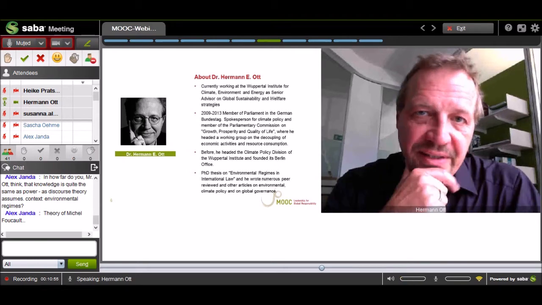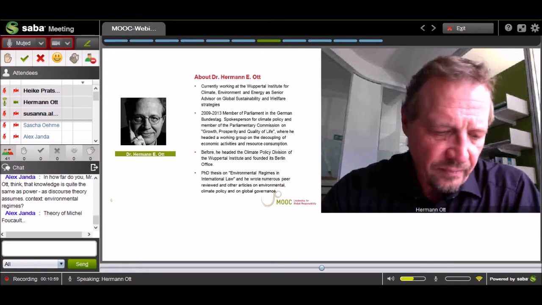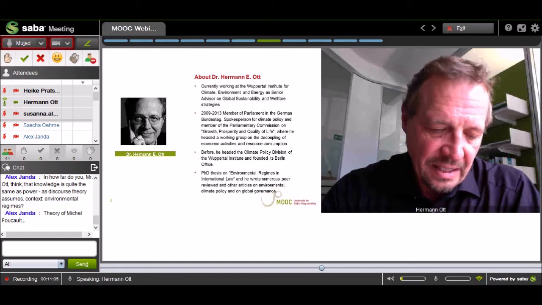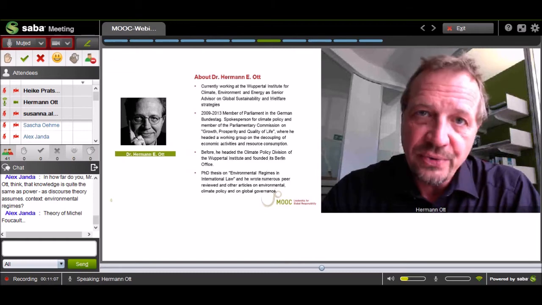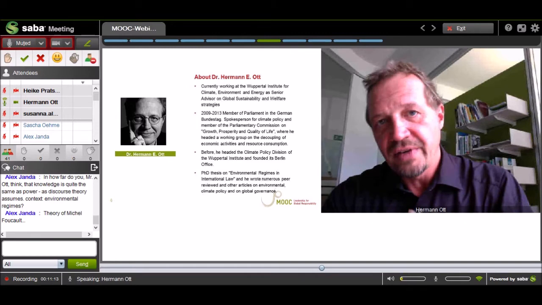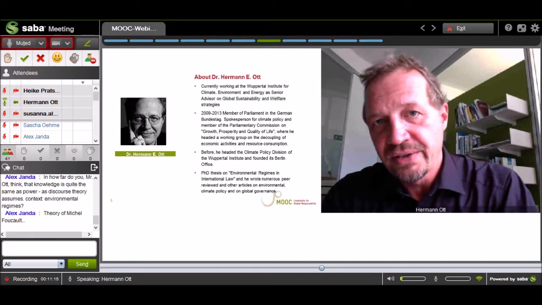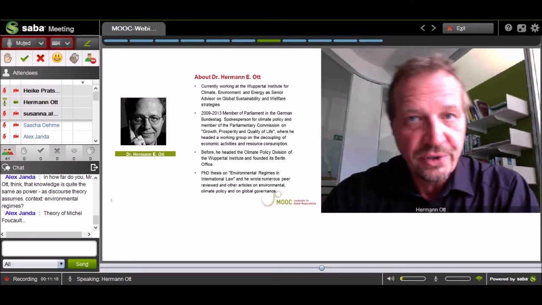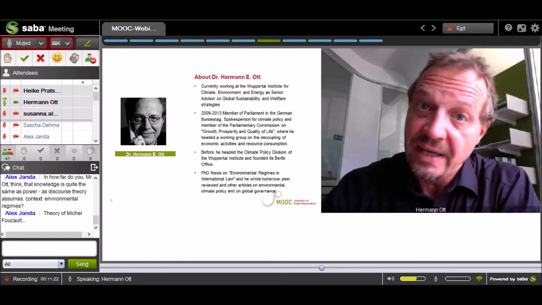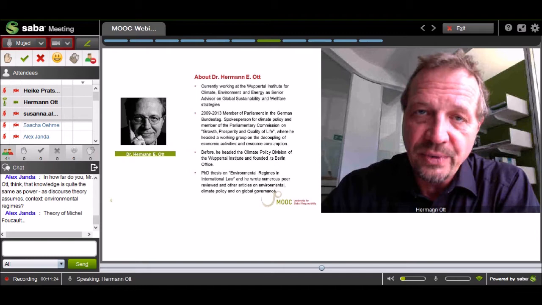So when I joined the Wuppertal Institute in 1994 and became closely involved with the climate negotiations and the climate regime, my first approach to the issue was that of the Montreal Protocol: that the convention should involve everybody and that there should then be a protocol which would assemble only those states that actually wanted to move forward.